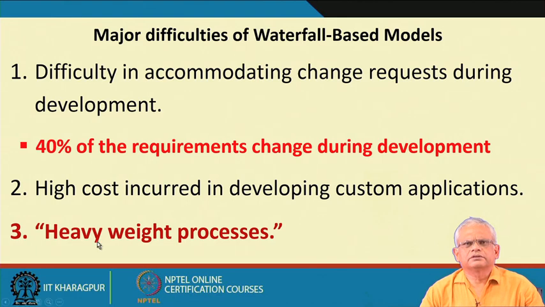Starting from requirement specification, the reviews, review results, the design, various types of plans, everything is to be documented, and that is the reason these are called heavyweight processes, and it is estimated that typically 50% of the effort by a development team goes towards creating documents, and naturally the project costs increase and there are project delays.